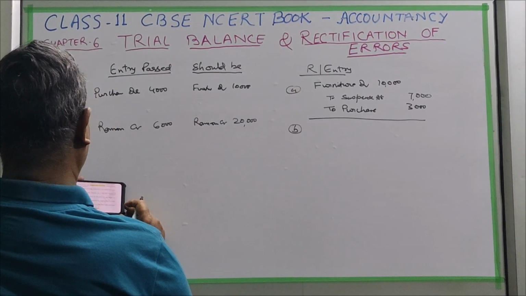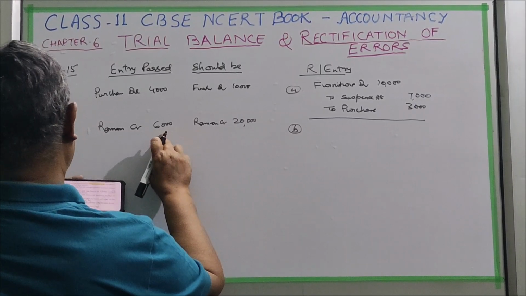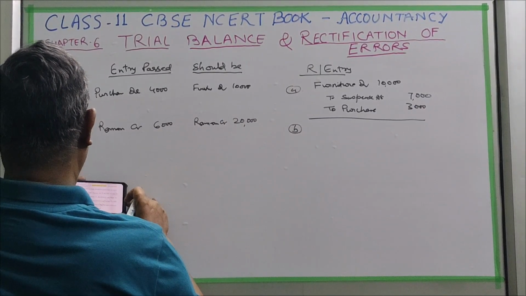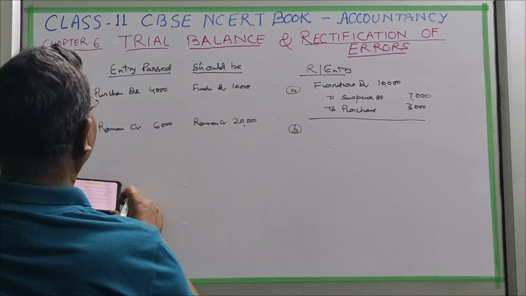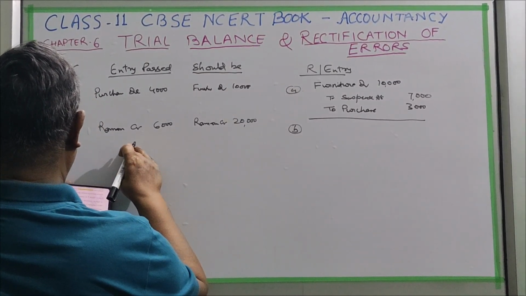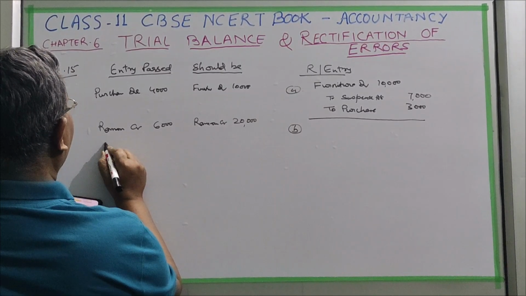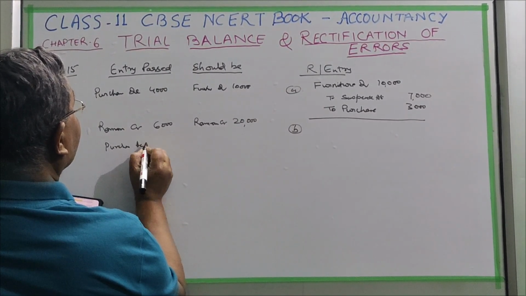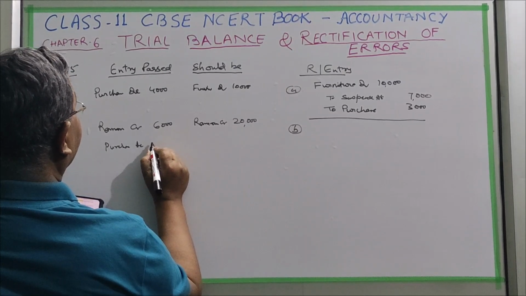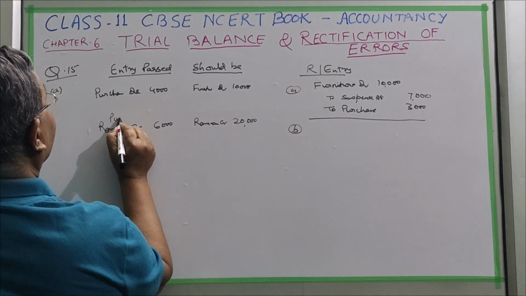Machinery purchased on credit. And you have recorded it through purchase book. It means you have debited purchase account. You have made purchase account debit.